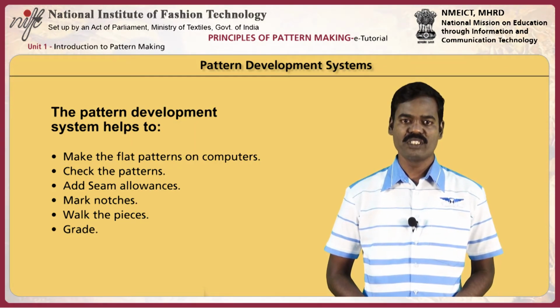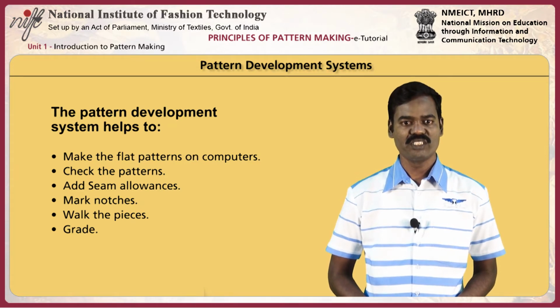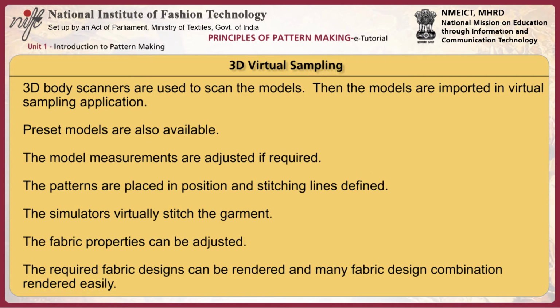Today many developers are offering 3D virtual stitching. 3D body scanners are used to scan the models. Then the models are imported into virtual sampling applications. Preset models are also available. The model measurements can be adjusted if required. The patterns are placed in position and stitching lines are defined.